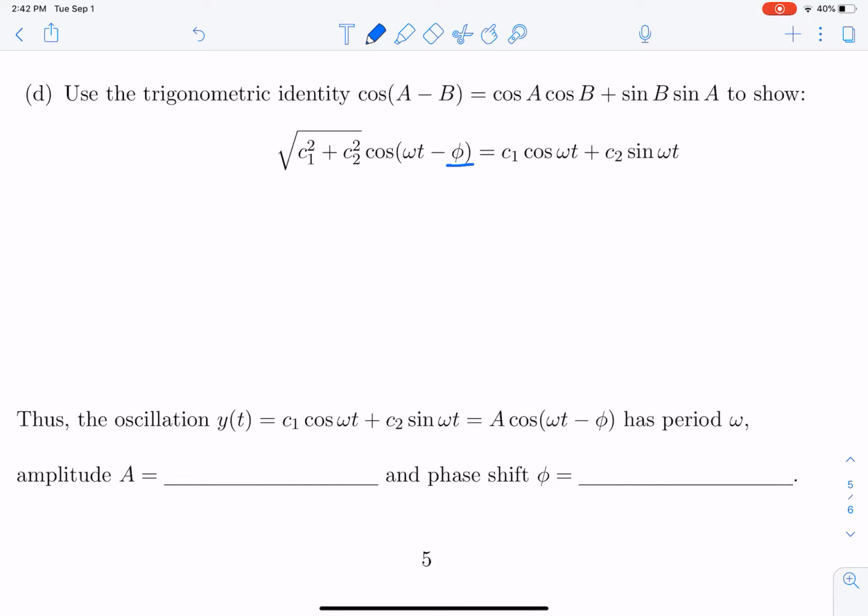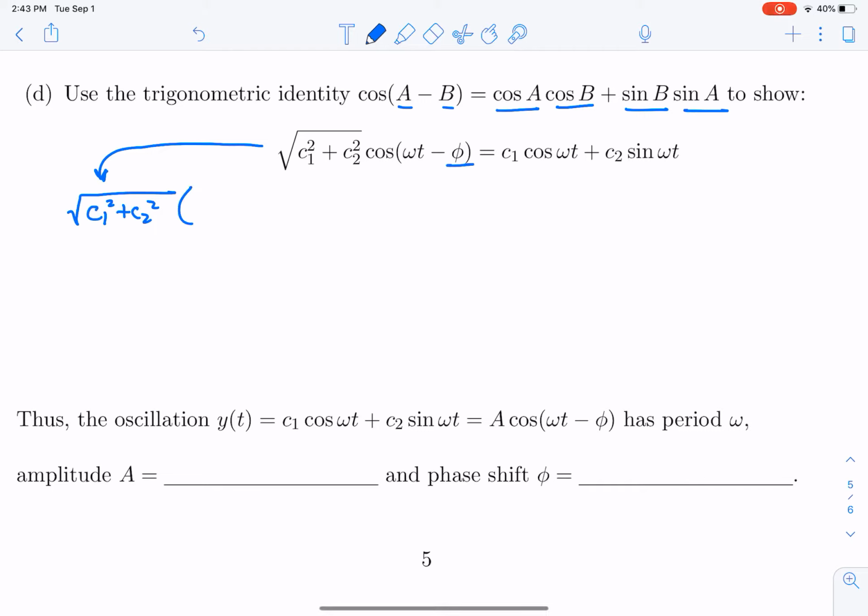The way I'm going to do this is take this left-hand side and expand it using a famous trig identity: the cosine of A minus B is equal to cosine A cosine B plus sine A sine B. So I'm going to expand that.